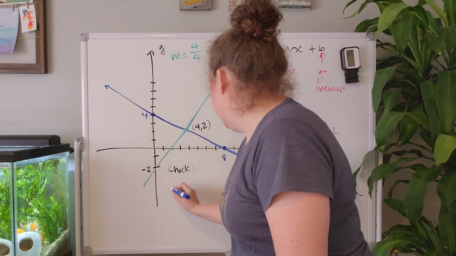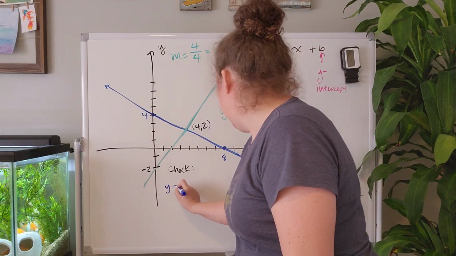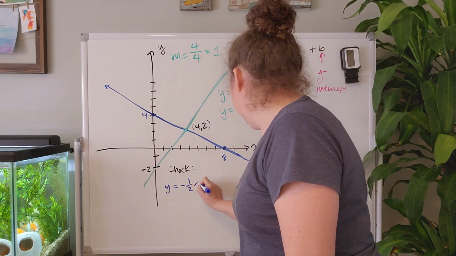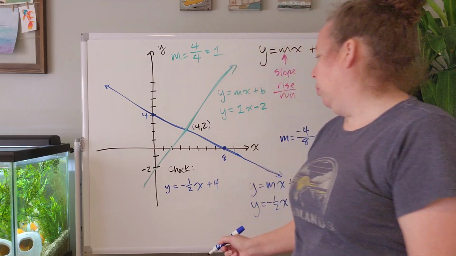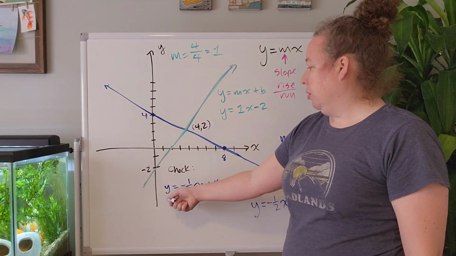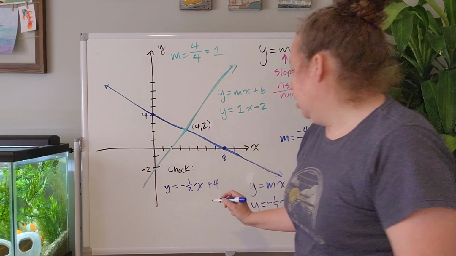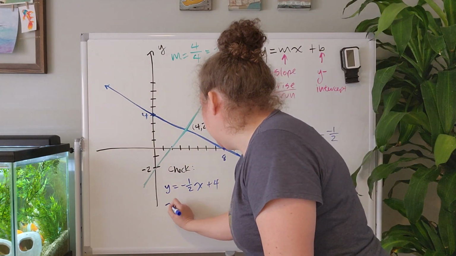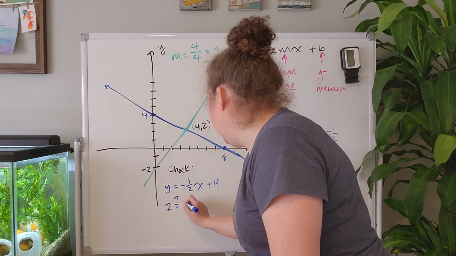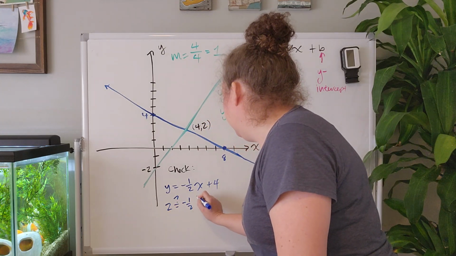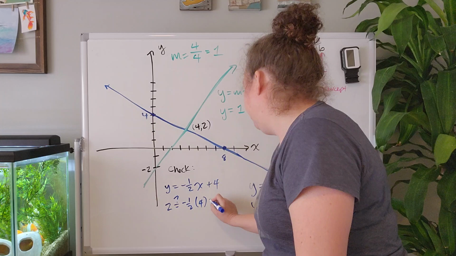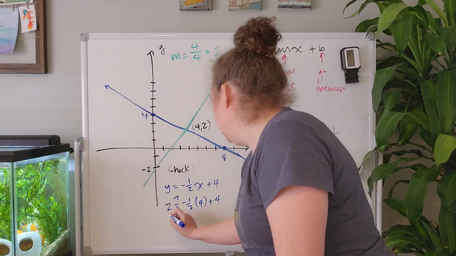And so we've got y equals -1/2 x plus 4. What x and y are we going to plug in? 4 and 2. So is 2 equal to -1/2 of 4 plus 4?